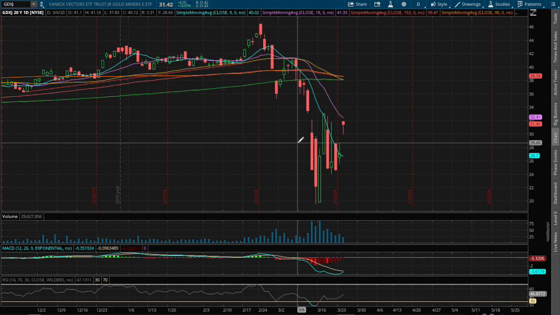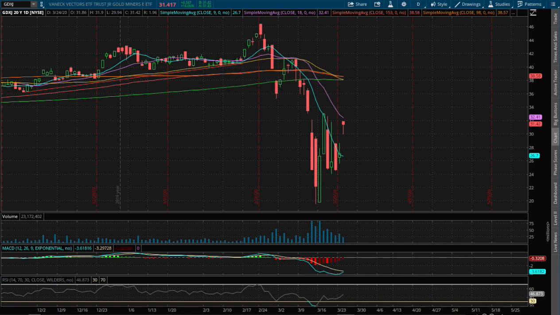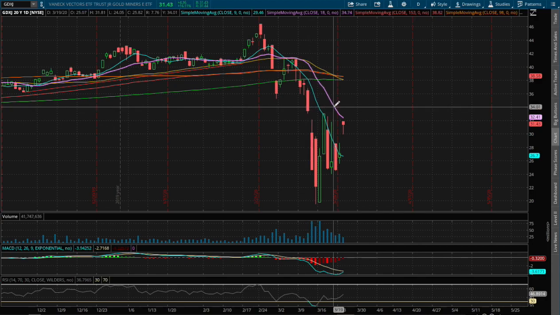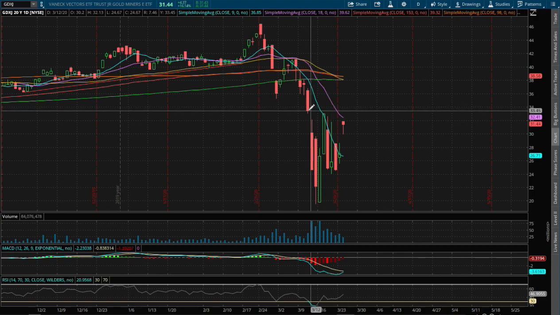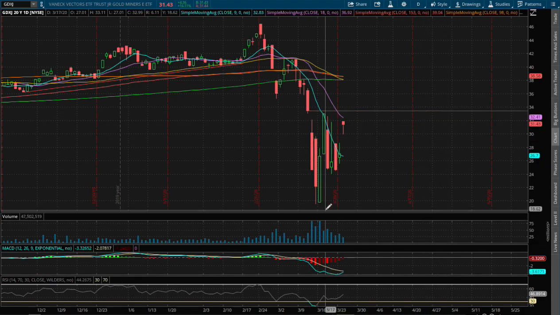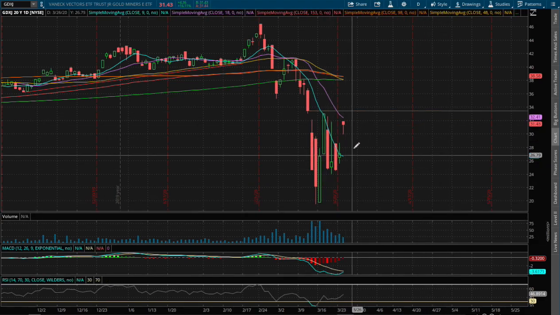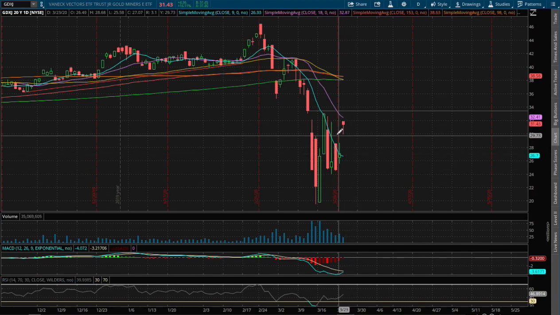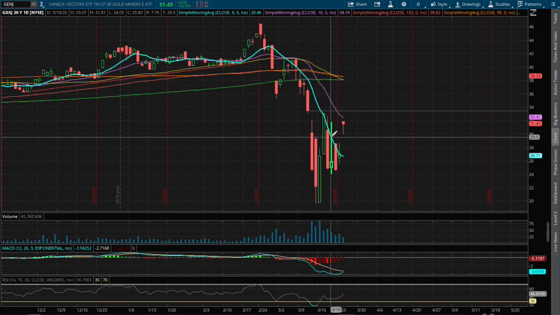So in this reversal, if we do manage to see a continuation of it, the next resistance that I see is where we made a daily support back on March 11th, slightly above the 18-day moving average, this purple line, and that resistance is roughly around the price of $33.45. And as for support, if we do reverse and head down lower, the next support that I see is the 9-day moving average, this blue line.